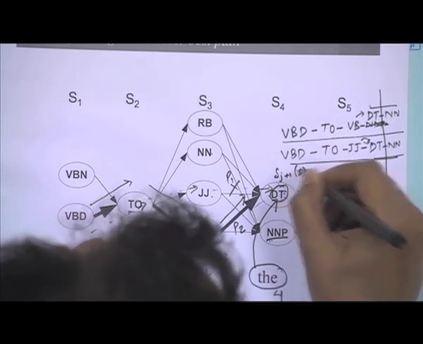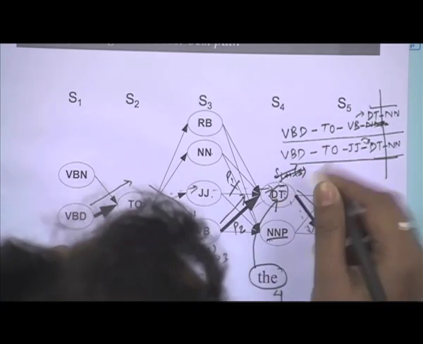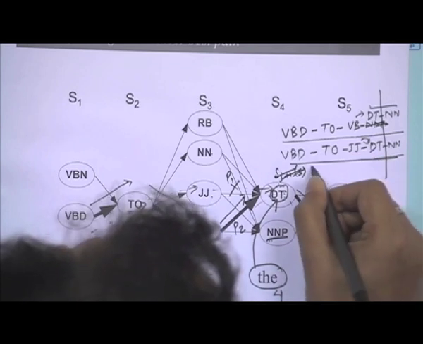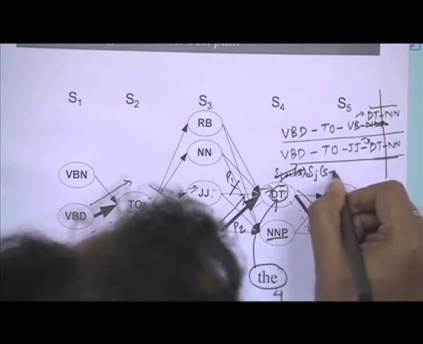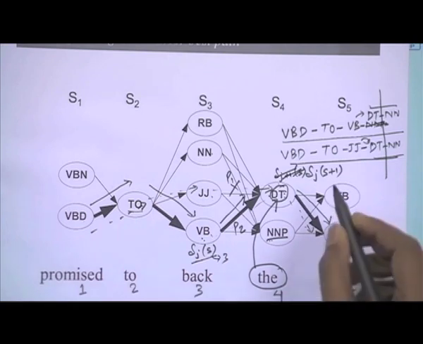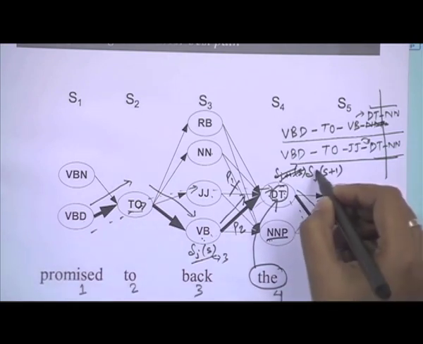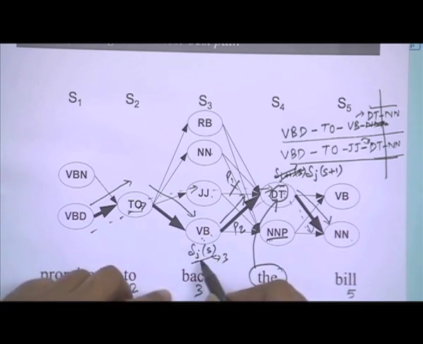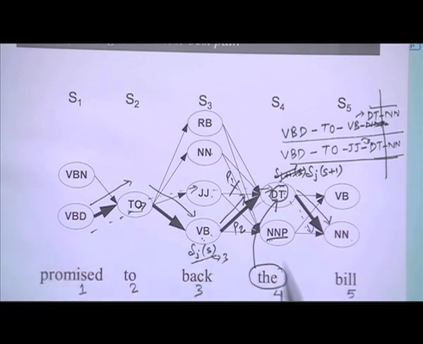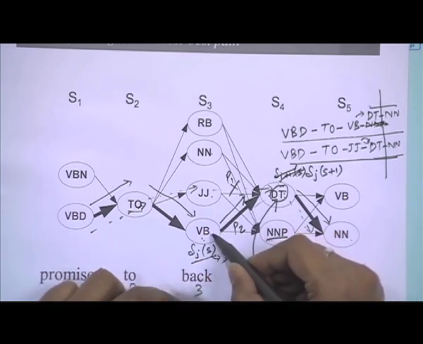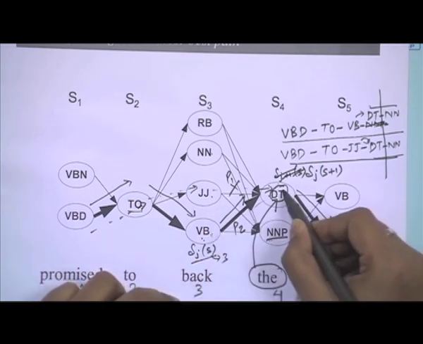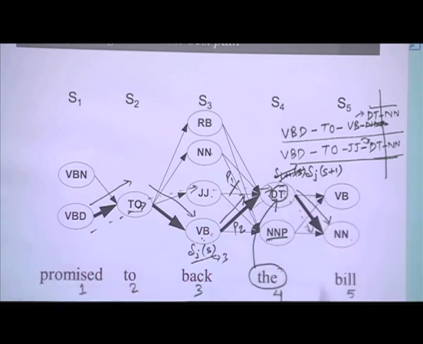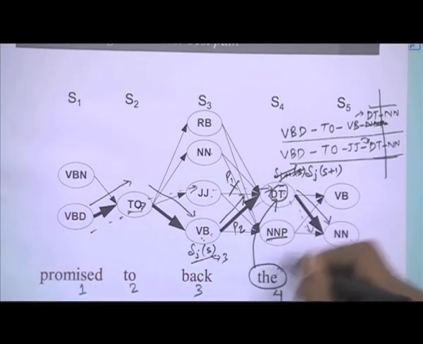I am sorry, here this should be step s. So this is delta j s plus 1, a step s plus 1. I want to find out the probability delta j. I know the probability at step s. Now what is the additional information? The transition from this state to this state, and the emission probability of this word given this state.